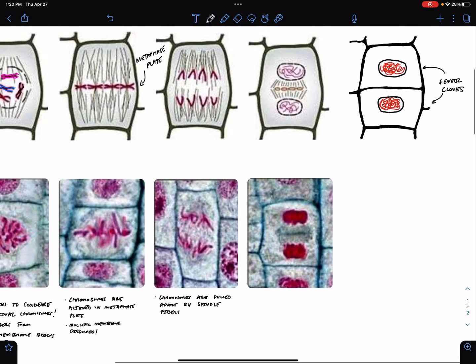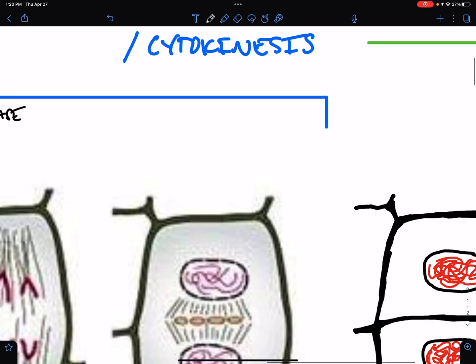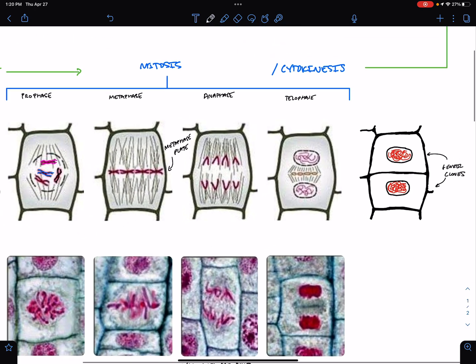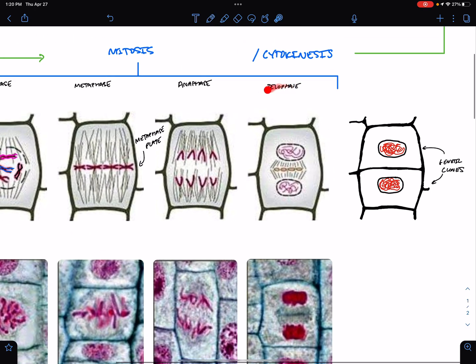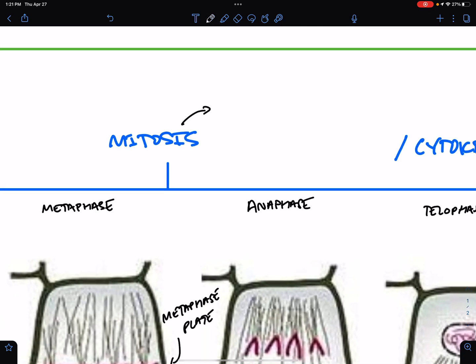Okay, and then we move on to the last phase, which is actually kind of two phases at the same time. This is telophase, or telophase. You'll hear it pronounced both ways. Telophase is happening at the same time as cytokinesis. So remember, mitosis is concerned with the separation or the splitting of DNA.